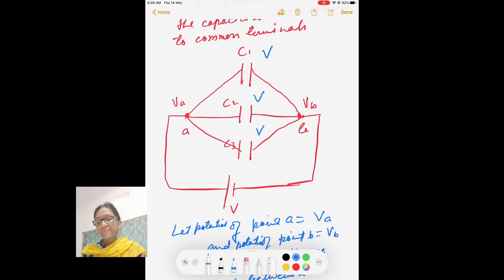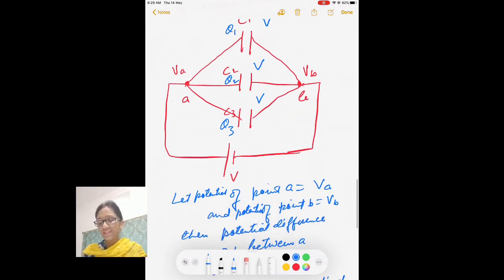But since the capacitances of the capacitors C1, C2 and C3 are different, they will have different charges. Let this one have Q1 charge, this one Q2 charge, and this capacitor Q3 charge. As their capacities are different, they can hold different magnitudes of charge.